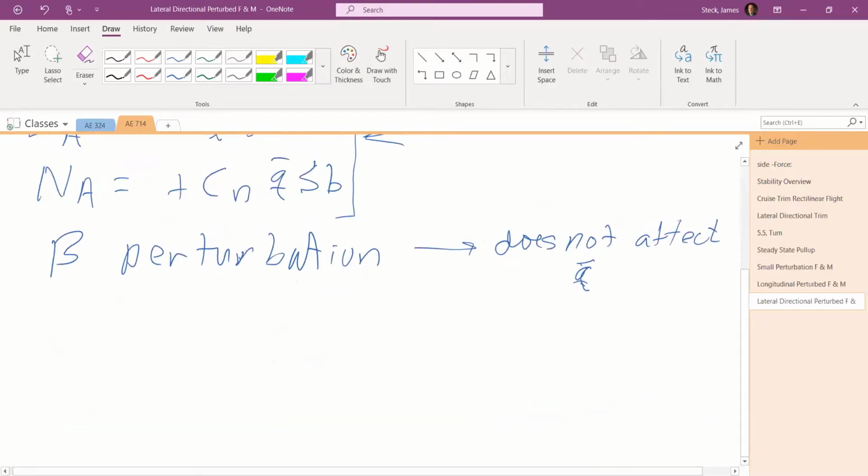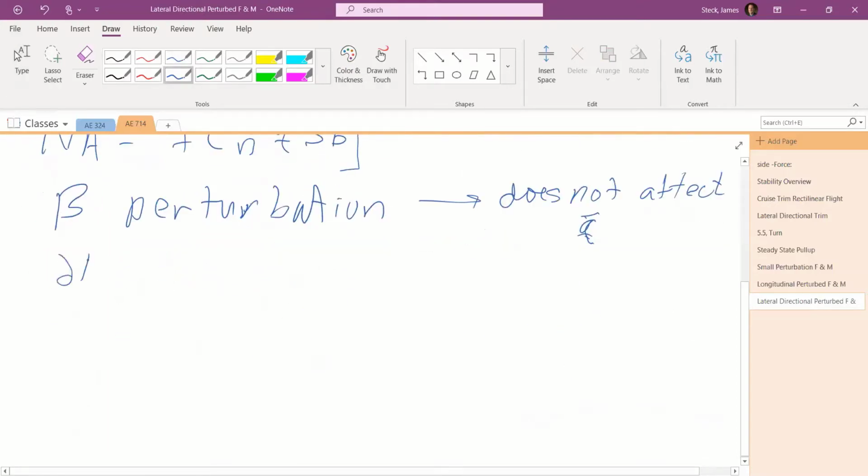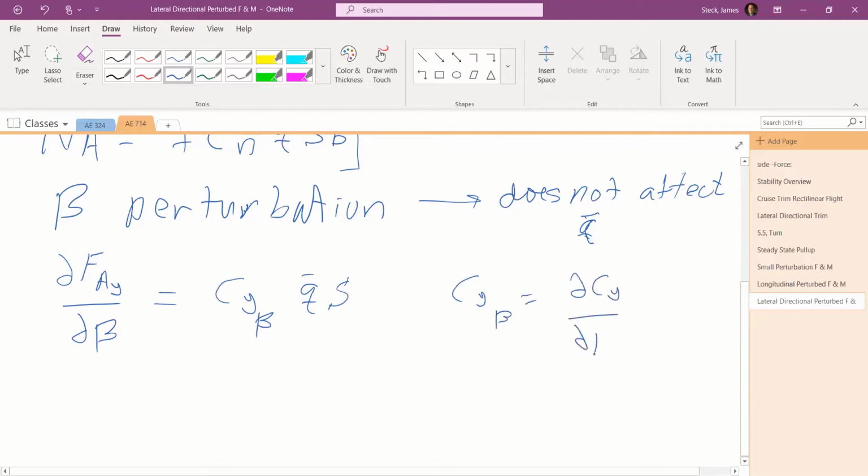So this is easy. We just take the derivative of each of those forces with respect to beta. Beta is already non-dimensional because it's an angle in radians, so we just get CY beta Q bar S. Of course, CY subscript beta means the derivative.